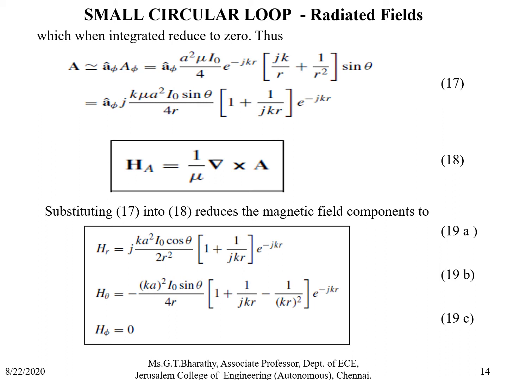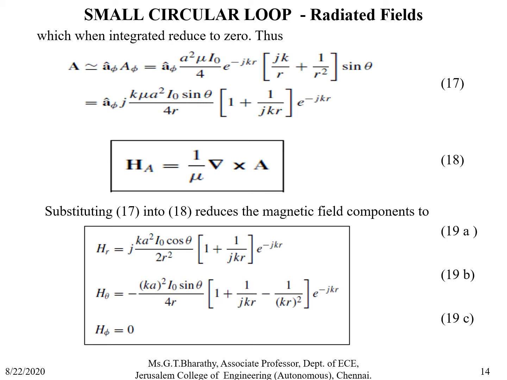So substituting equation 17 in equation 18, we get the magnetic field components of the small circular loop antenna as Hr is equal to jk a square I naught cos theta by 2r square into (1 plus 1 by jkr) e power minus jkr.